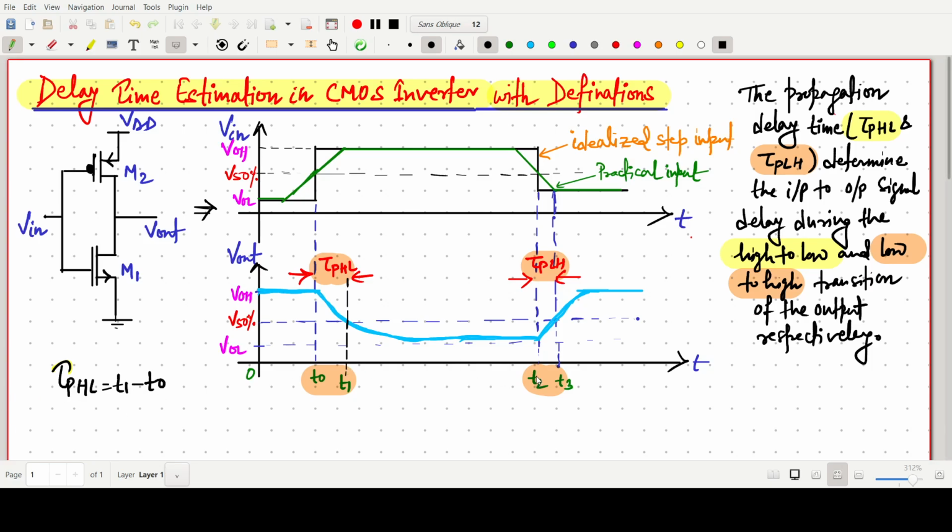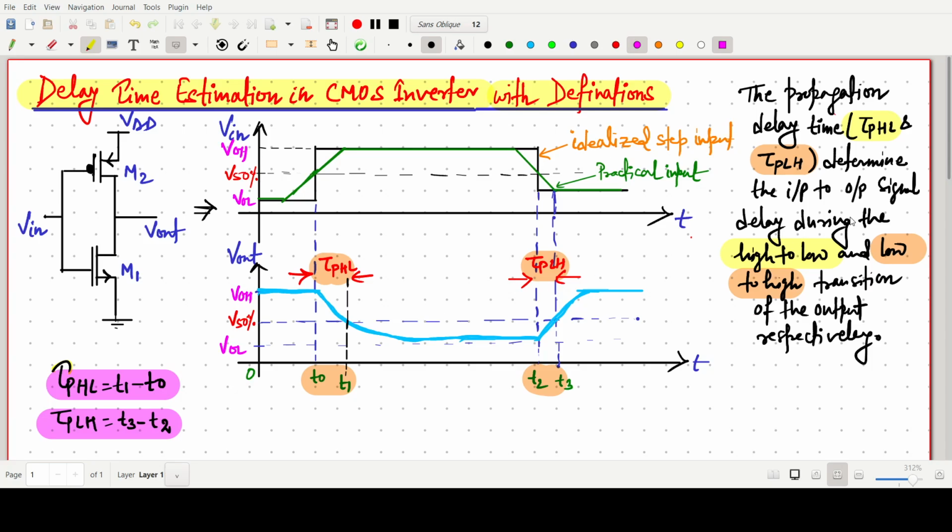And tau P low to high is our t3 minus t2. So t3 minus t2 time is this one, and t1 minus t naught is our tau PHL. This is one definition that we have already covered.